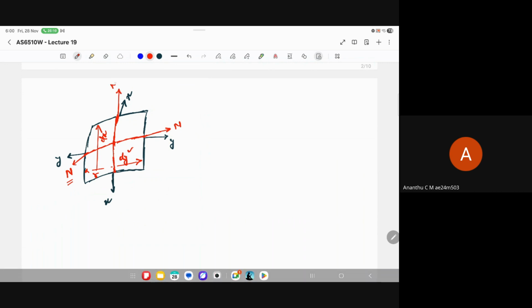Okay, so tension force along the x-axis both sides.